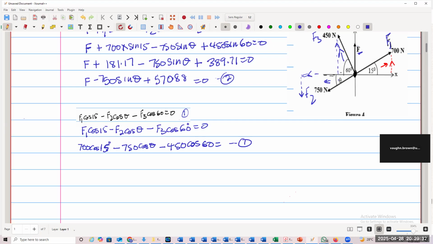But this one you get what now? 700 cos 15. So we get what now here? 676.14, right? Minus 750 cos, sorry, it's supposed to be theta.